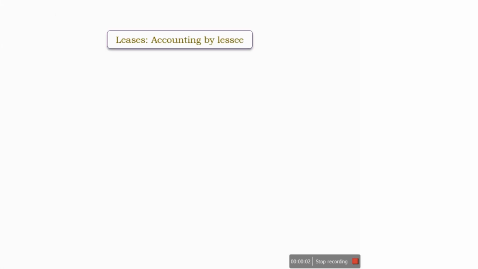There is a big change in accounting by the lessee in IND AS 116. Earlier, we needed to classify leases into operating and finance leases, but now there is no classification from the perspective of the lessee. All the accounting needs to be done in the same way except for the exceptions we have discussed earlier.